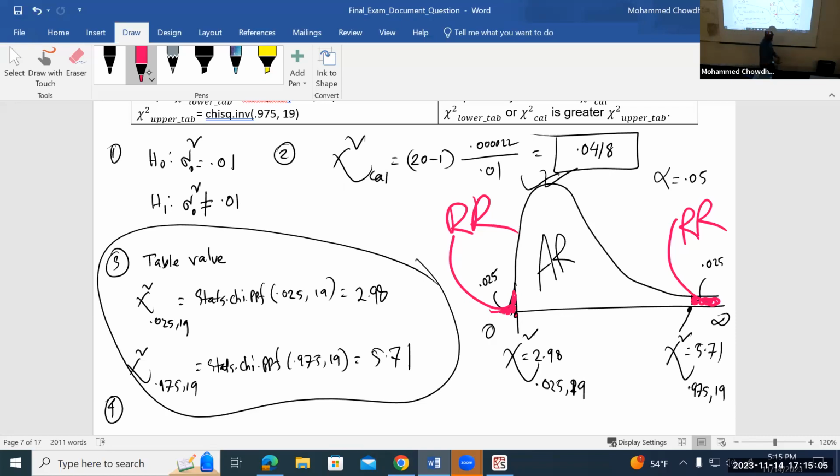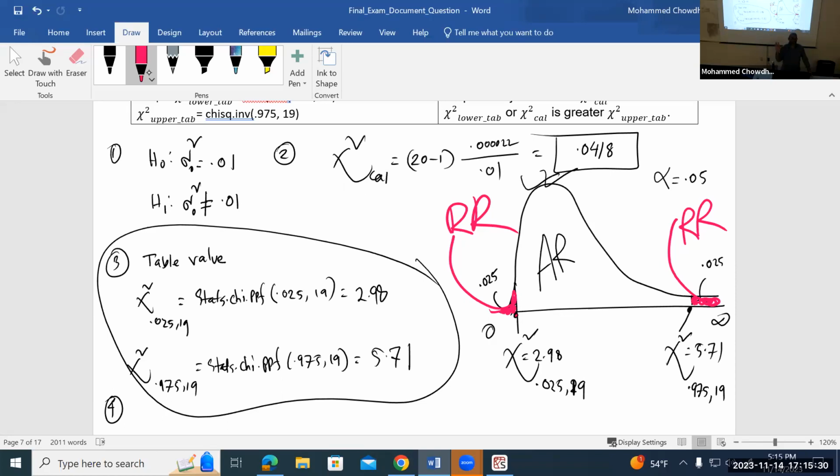So what is the purpose? Level of significance is given. On that level of significance, you focus on whether it is greater than, less than, or not equal to, and then split your rejection and acceptance region and check whether the calculated value falls in the rejection region or acceptance region. Focus on level of significance.